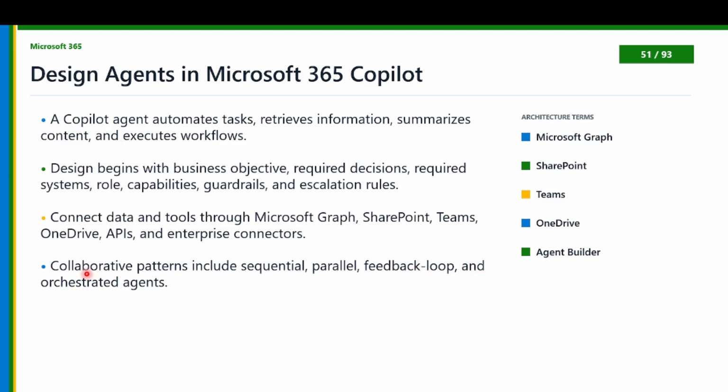Maybe you can also combine one or more agents through an orchestration where the orchestrator agent will coordinate other agents. So this is how you can design in Copilot or Office 365 Copilot, and the architecture terms that you should understand.